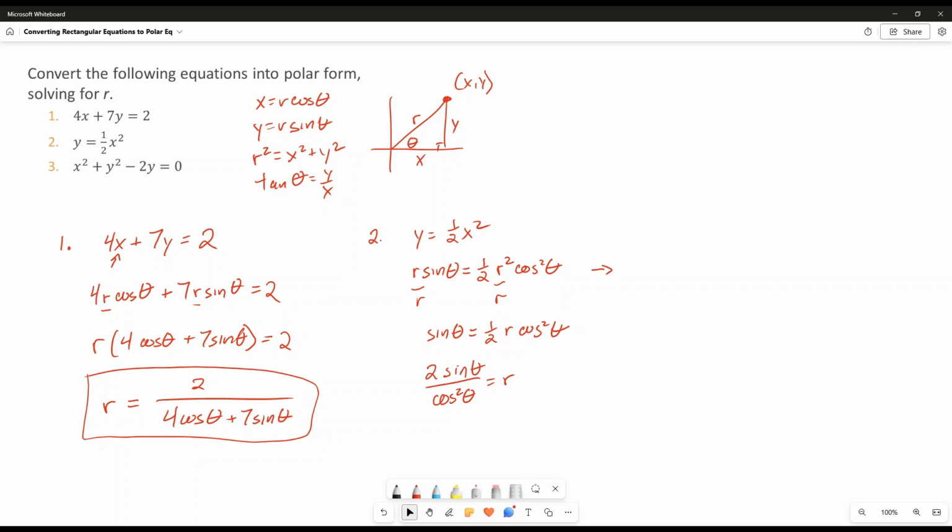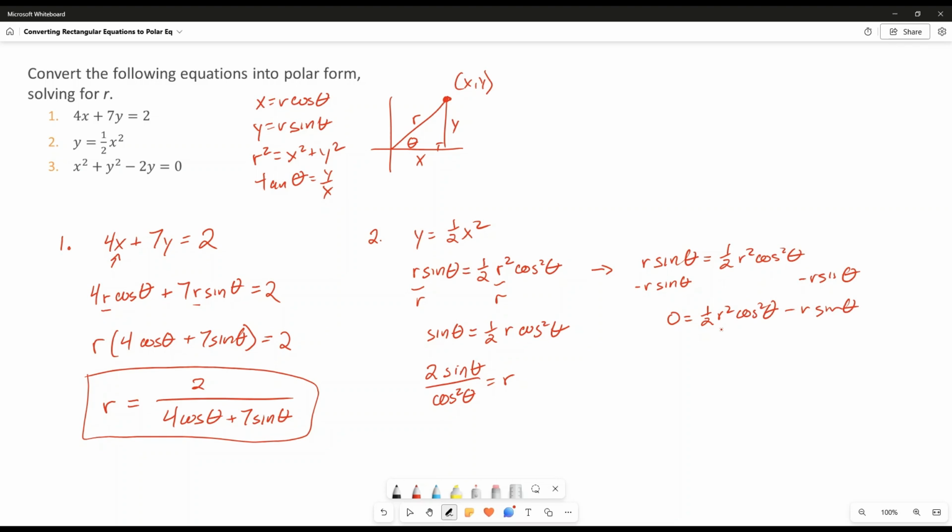So if I do that, this time let's take r sine theta equals 1/2 r squared cosine squared theta. Let's subtract this r sine of theta from both sides. And so on the left side, I'm going to be left with 0. So we're going to have 0 equals 1/2 r squared cosine squared theta minus r sine theta.